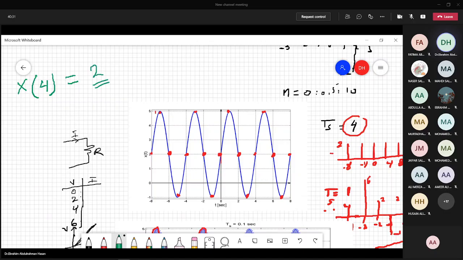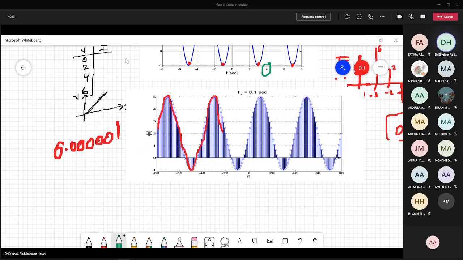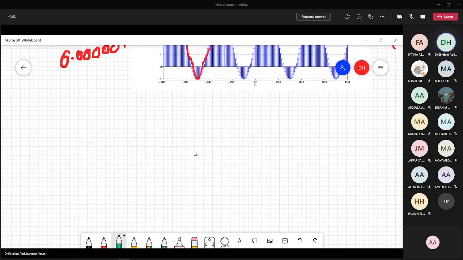So 2 is the instantaneous value, while the 4 we call the instant time. This 4 is the instant time, and the value here is the instantaneous value. Okay, very easy. The value at a certain instant.